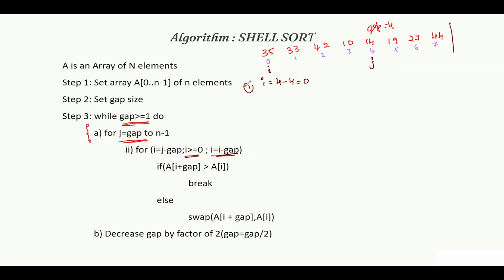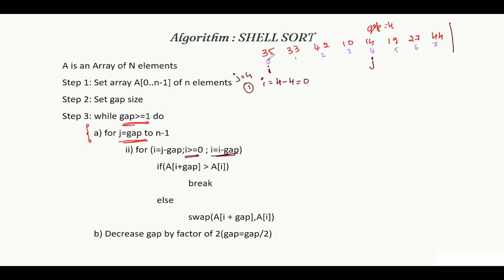Now, let us do it for j equal to 4 initially. What is going to happen? The moment I have an i value and a j value, like I told you, we are going to compare the values. So I'm comparing, as you can see here, a of i plus gap. Now, what is the i value? 0. i plus gap is nothing but this value itself. So I'm comparing the jth position with a of i.